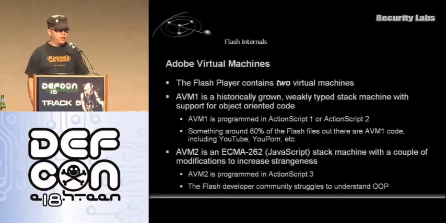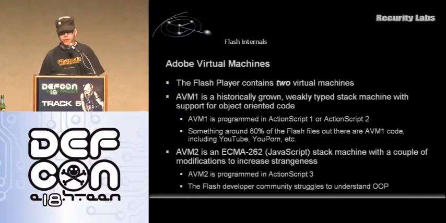AVM2 is a virtual machine for the ECMA 262 JavaScript specification, but of course the VM is completely by Adobe's design, which is not necessarily good. The AVM1 is programmed in ActionScript 1 and 2.